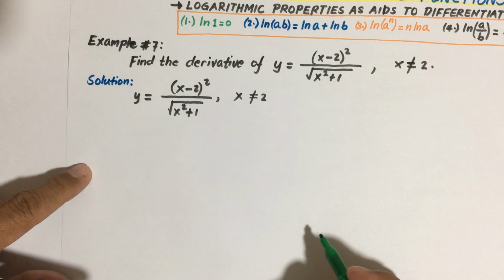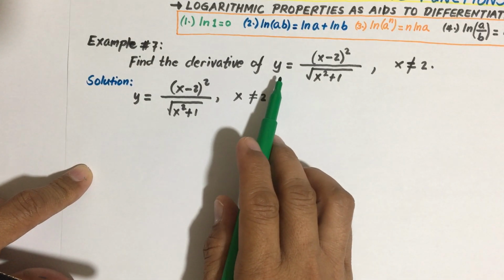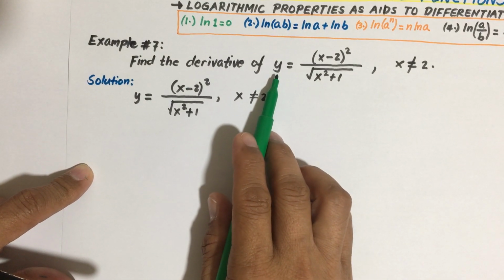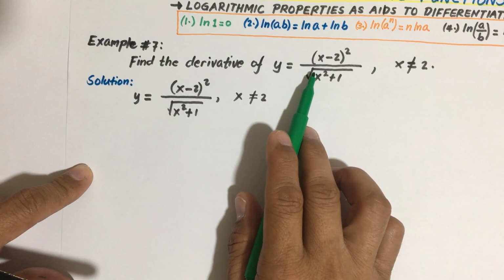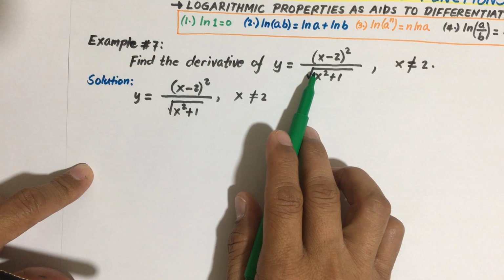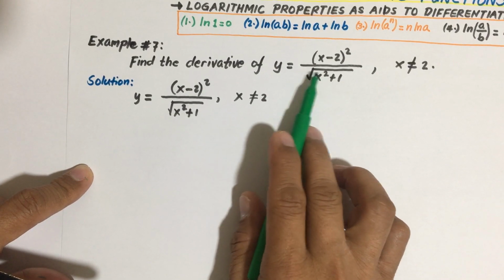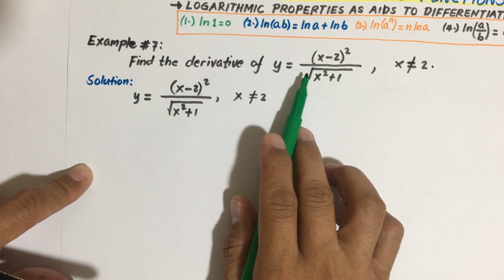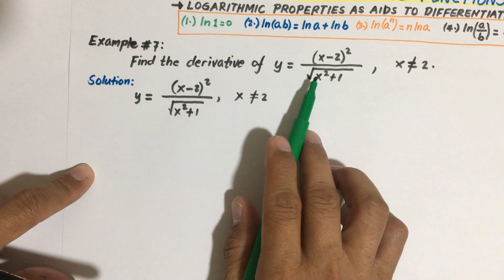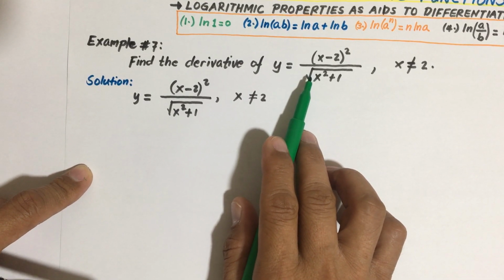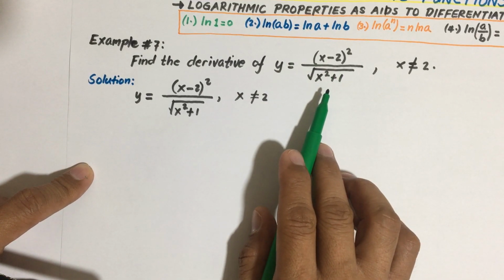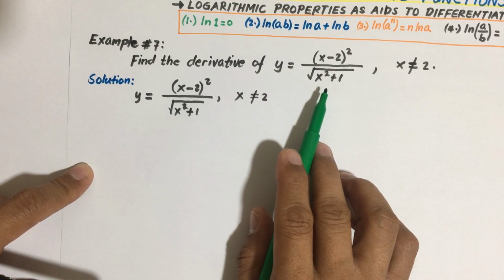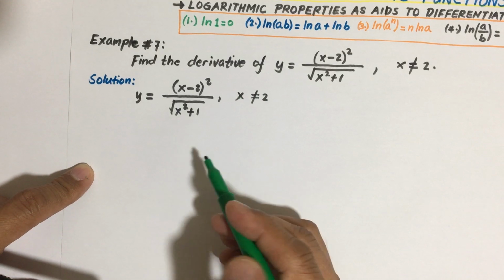The purpose here is to simplify, because you can also find the derivative of this using the other formulas, the quotient rule and differentiation. But as mentioned, it will become so easy if you are going to use the logarithmic functions as well as the properties of the logarithm to find the derivative of the given function.